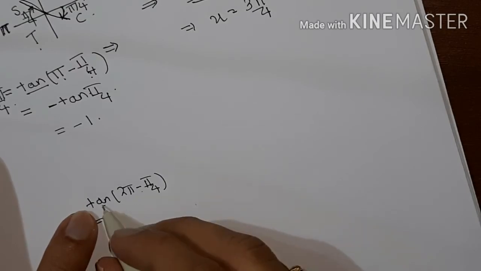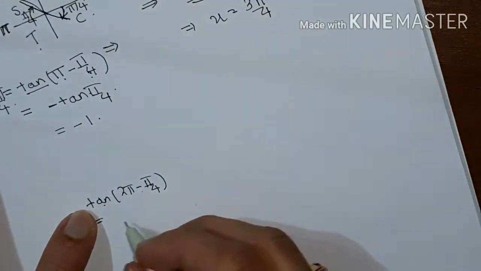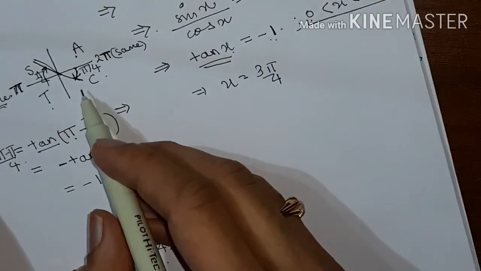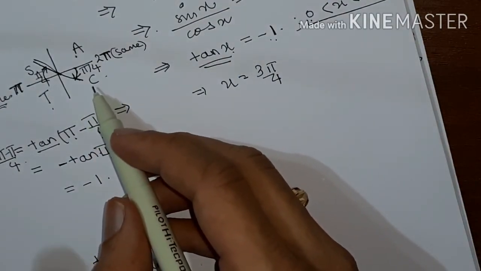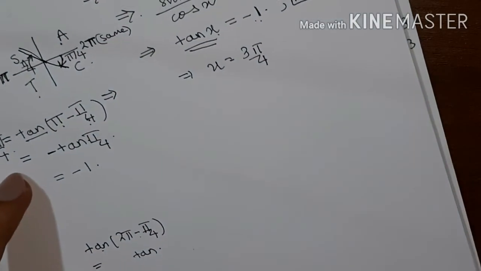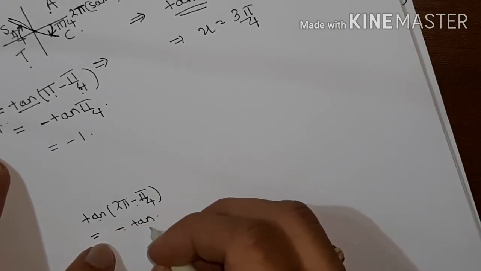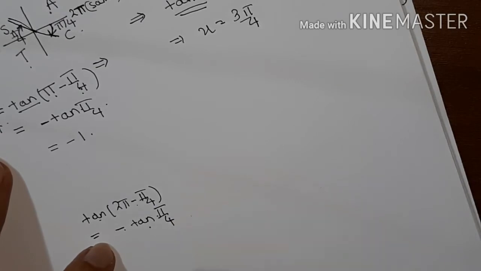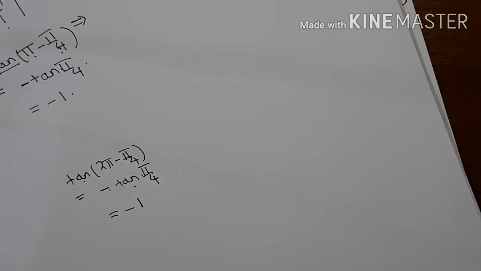Now since the ratio will remain the same, here it is tan, and the sign of tan is negative here, because only cos and sec are positive. So tan is negative, so you'll get negative tan, and theta without the sign is pi by 4, and this is minus of tan pi by 4, which is 1.